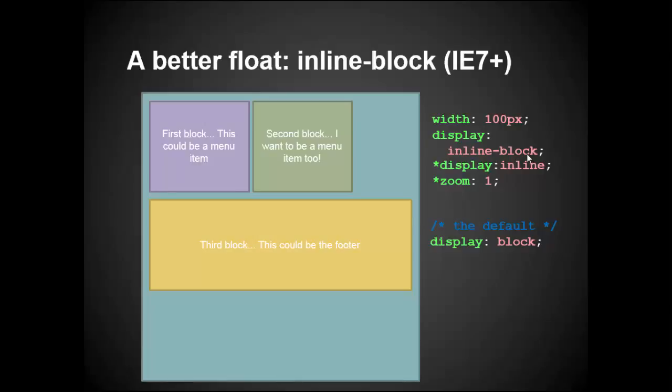This means that the elements that are inline-block will try to fit side by side, and the elements that are block will just go underneath them. Simple as that. You probably notice the asterisk display and the asterisk zoom 1. This is for inline-block to work on IE7.